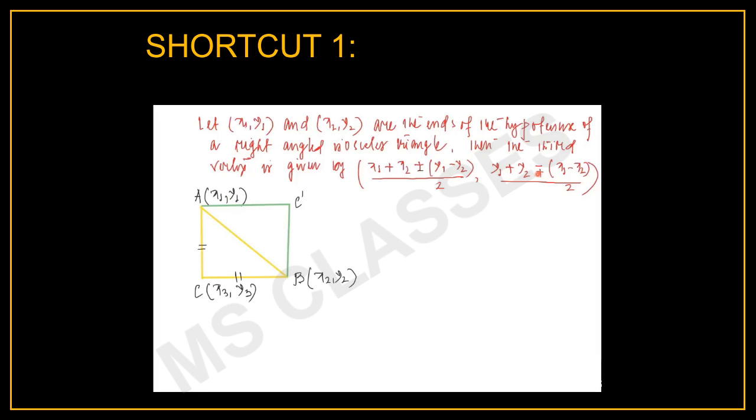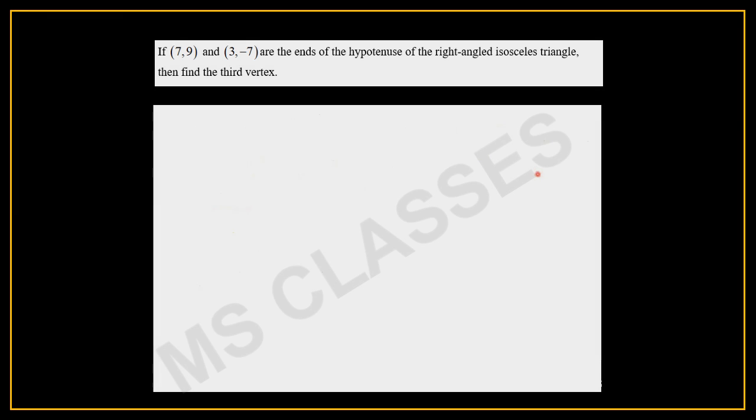Now we take the first example based on this topic. The question says that there is a vertex A which is (7, 9), and the other end of the hypotenuse is (3, minus 7).